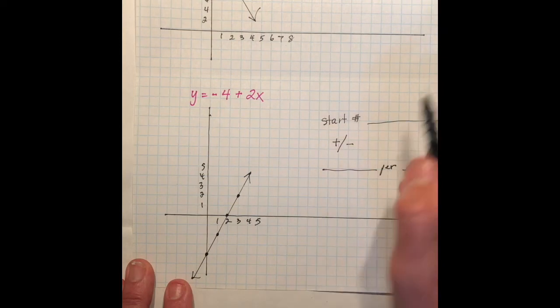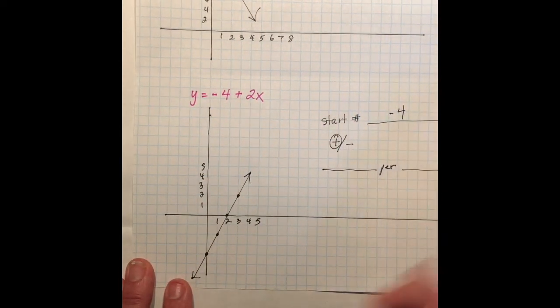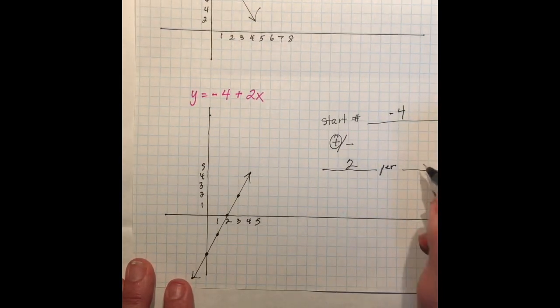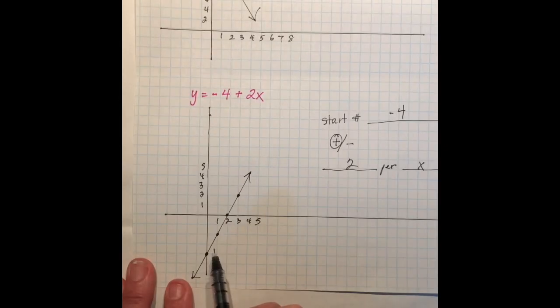So here my start number was -4. I'm adding 2 per, this is actually 2 per increase of x. So if it helps you to make this and then do the graph as a stepping stone skill, absolutely feel free to do so.